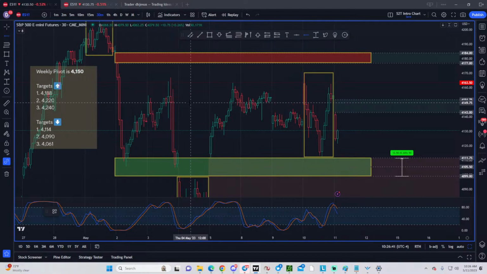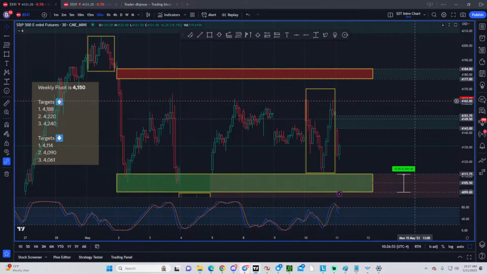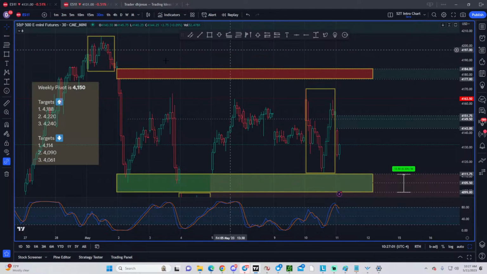That's what I gave you for the week. I also gave you 41.88, which will cover this gap. 41.88 will be the gap fill.